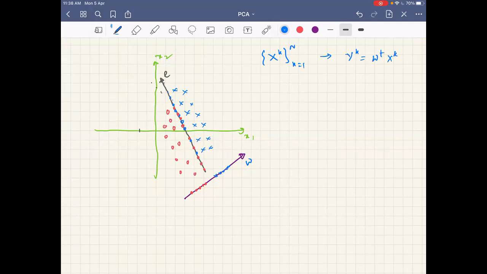But the main aim is that after projection, yk has to be linearly separable between the class omega 1 and omega 2 samples. The projections are to be linearly separable for omega 1 and omega 2 samples, as my main objective is classification.